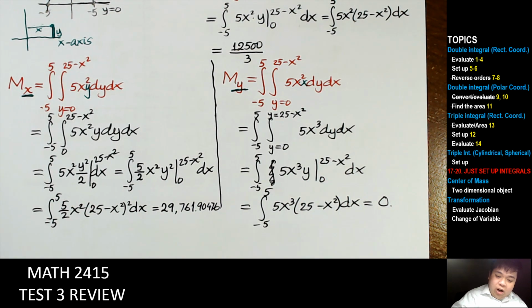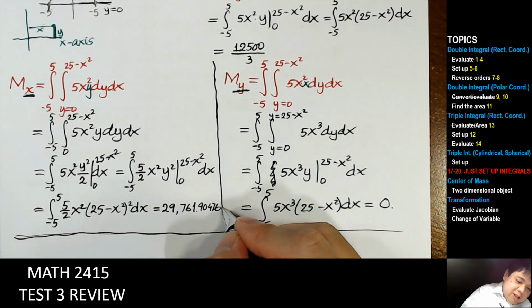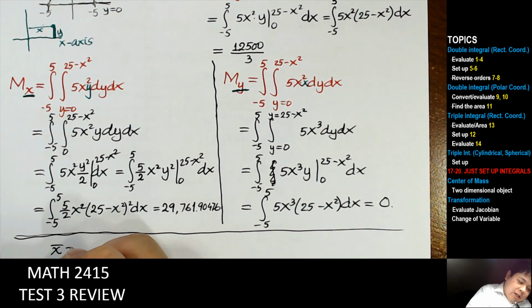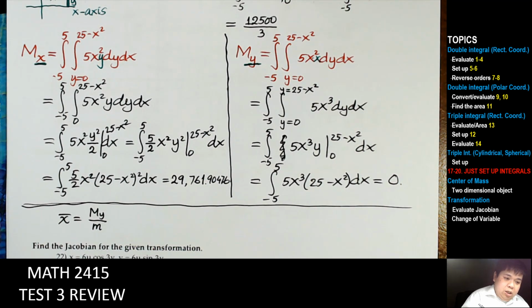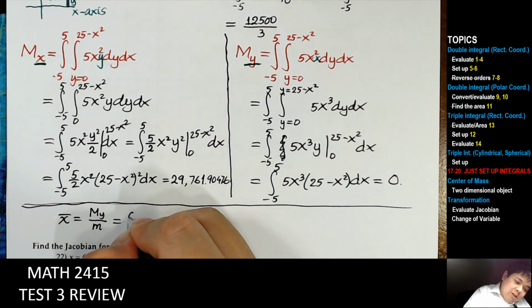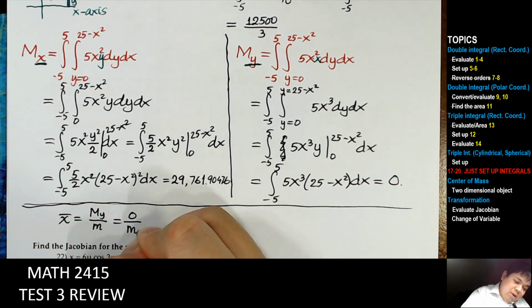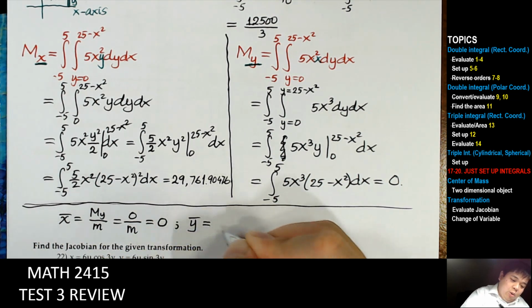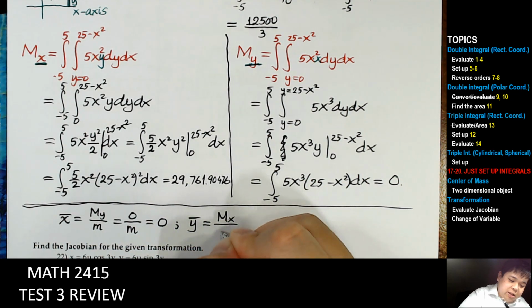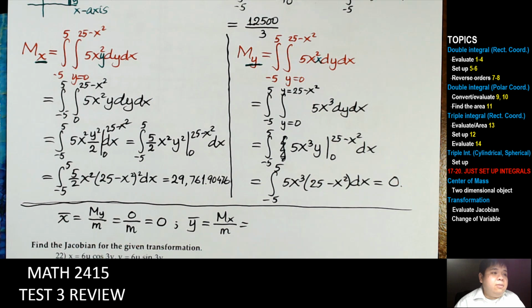And finally, we're looking for the center of mass. The x bar is equal to My over m. So My is 0 over the mass, doesn't matter what it is, it's still 0. The y bar is going to be Mx over m. I just use the calculator to get the estimate here.